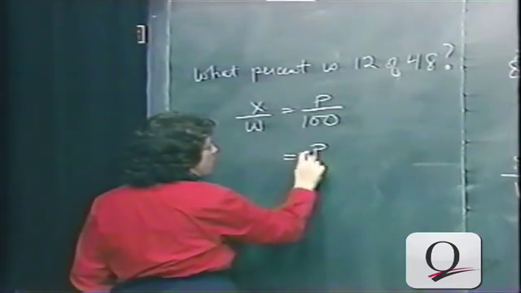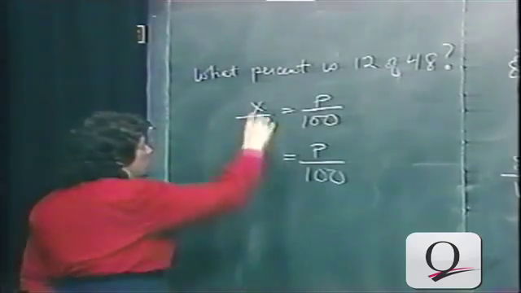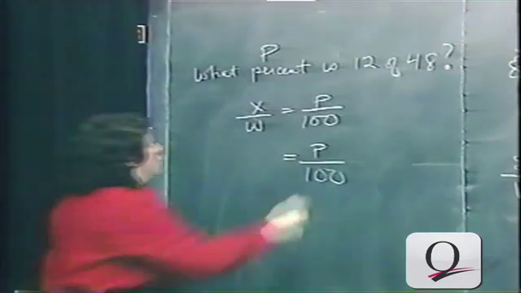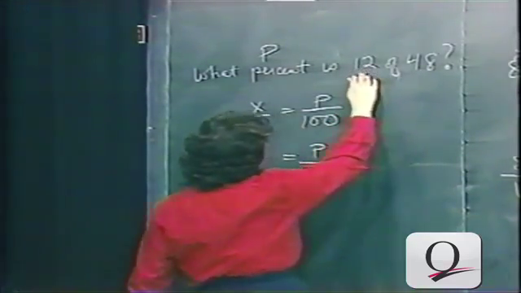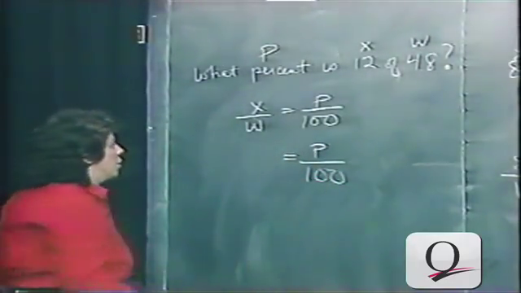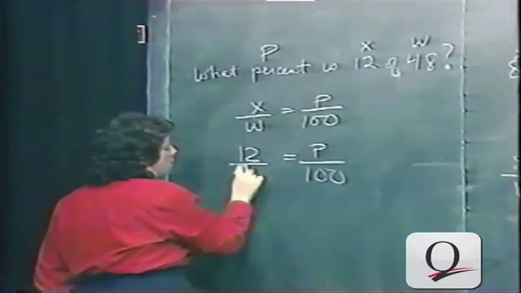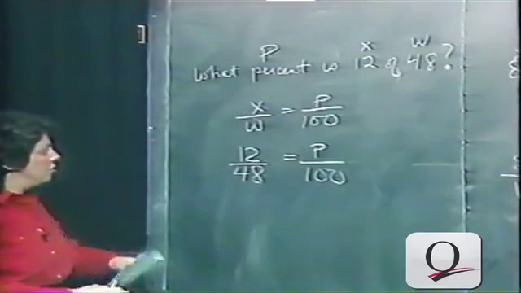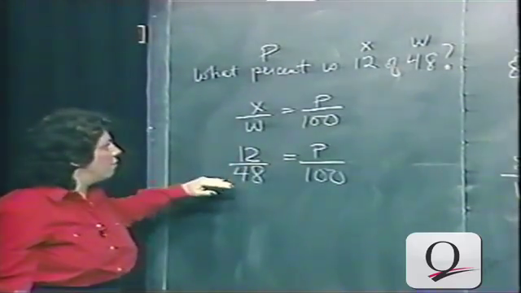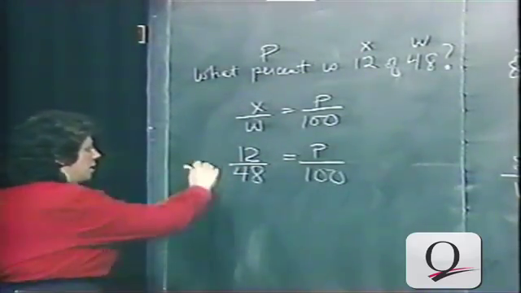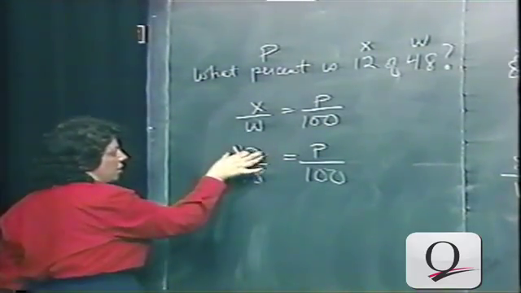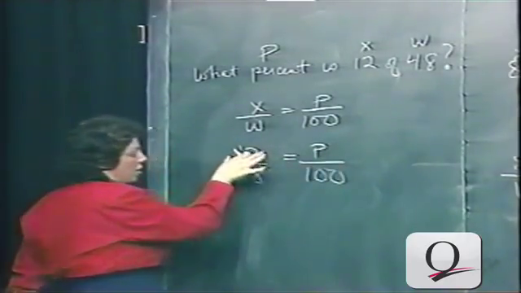This time, we need to find P, the percent. 12 is the part of the whole, which is 48. Is over of.